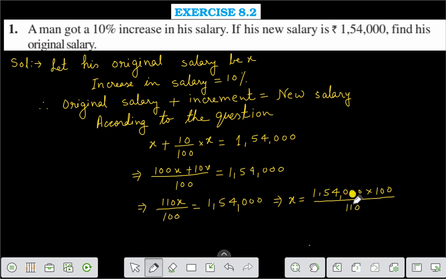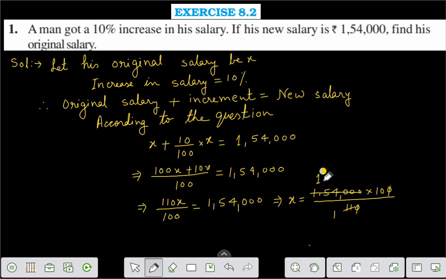This 0 and this 0 will cut. If we divide by 11, then 11 1s are 11.